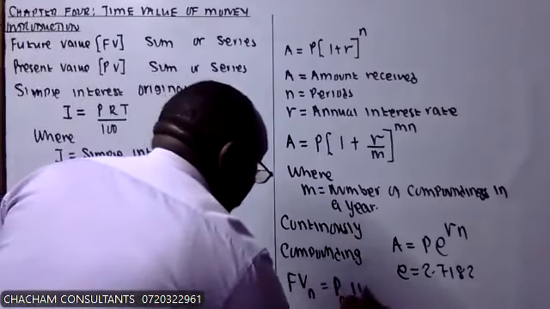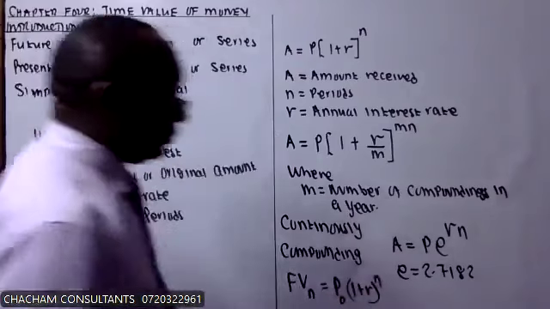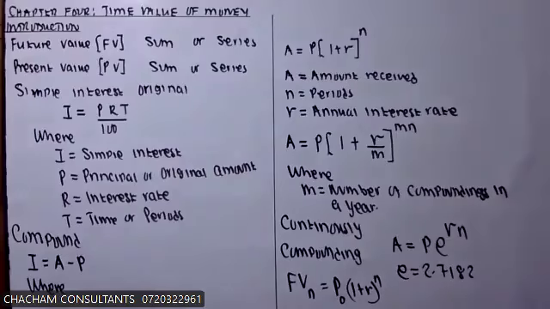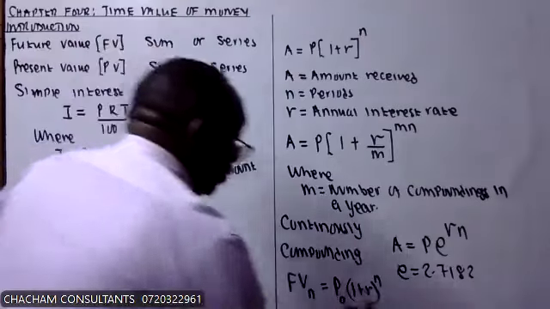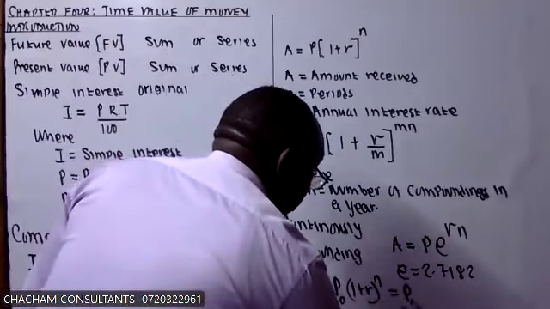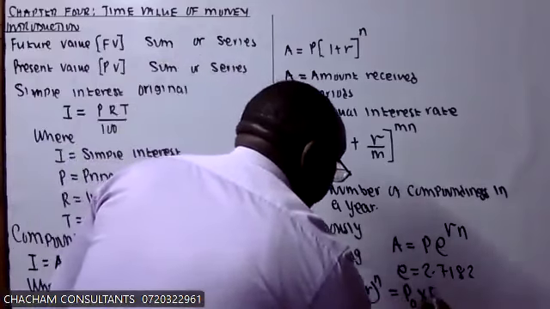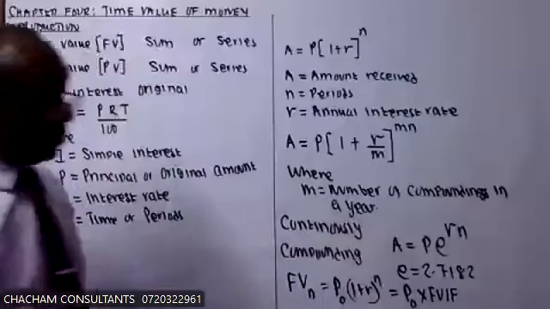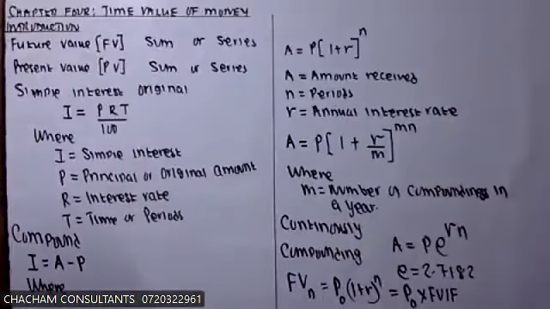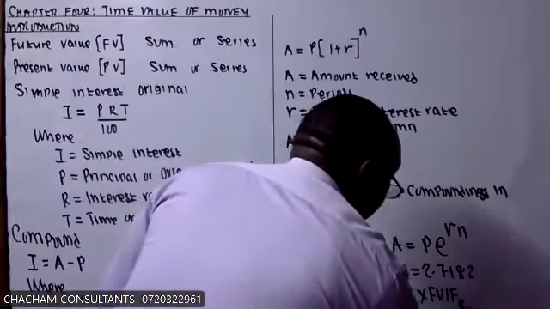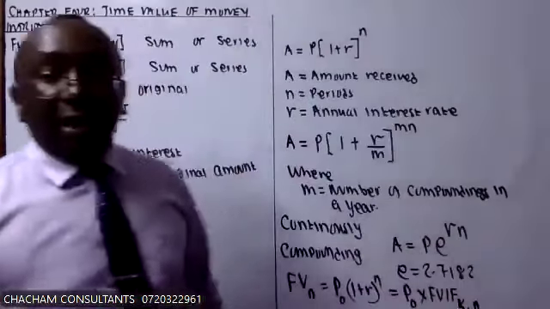You take 1 plus R, you raise power N. This one also becomes P naught times the future value interest factor, FVIF, although the one we use more is PVIF, at KN.